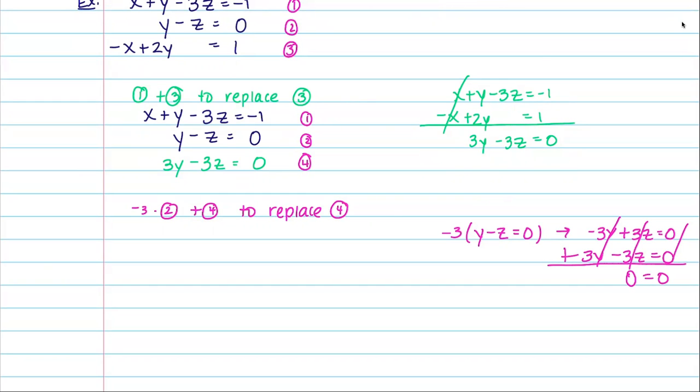So what does my new system look like? I have my first two equations the same, and then I have this equation 0 equals 0. So what does that mean? Similar to what we would call infinitely many solutions, we can see that's going to be true for this equation as well. However, we can't just stop and say, hey, infinitely many solutions.